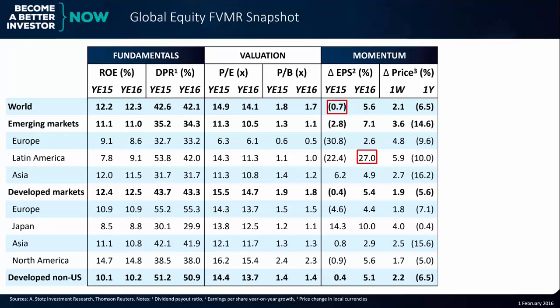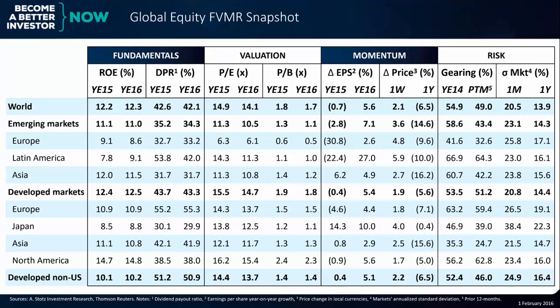And we can see, for instance, that the fastest growing area that's expected in 2016 is 27% in Latin America. Then we can see, as far as price is concerned, that the 1 year price performance of Asia has been crushing, 16% down. And we can see that the smallest amount of down has been Japan, which outperformed during that time.